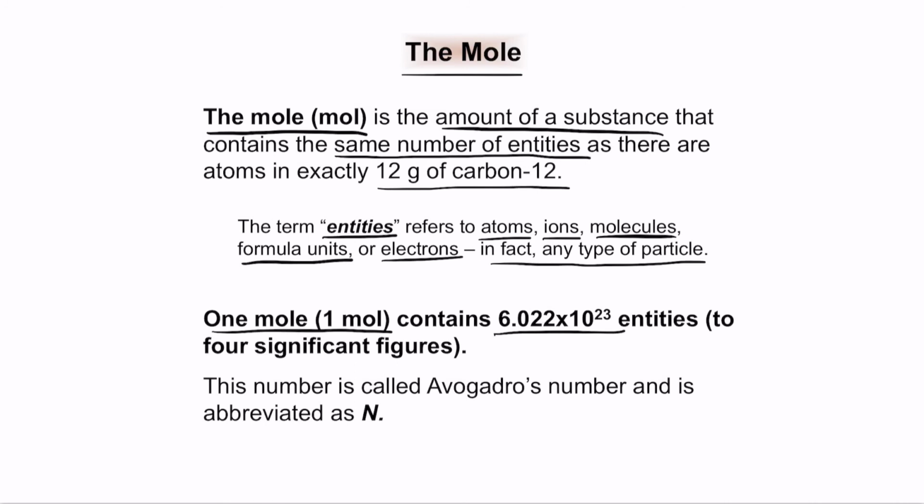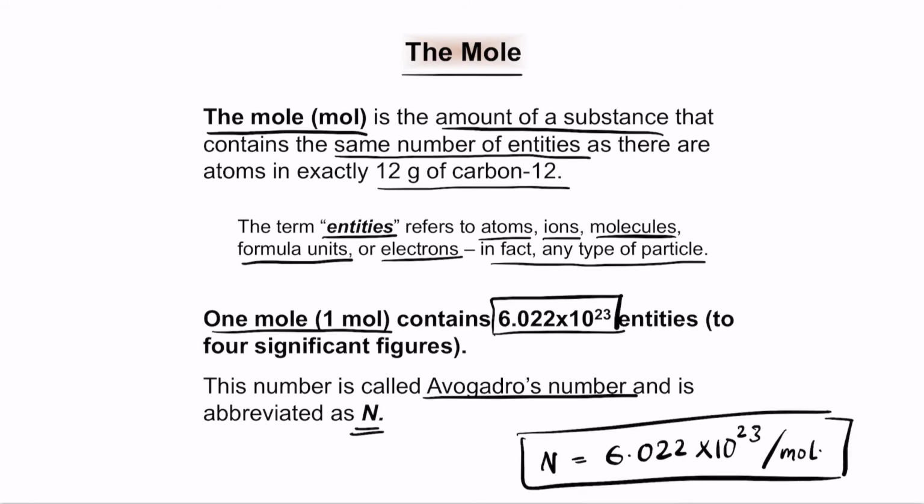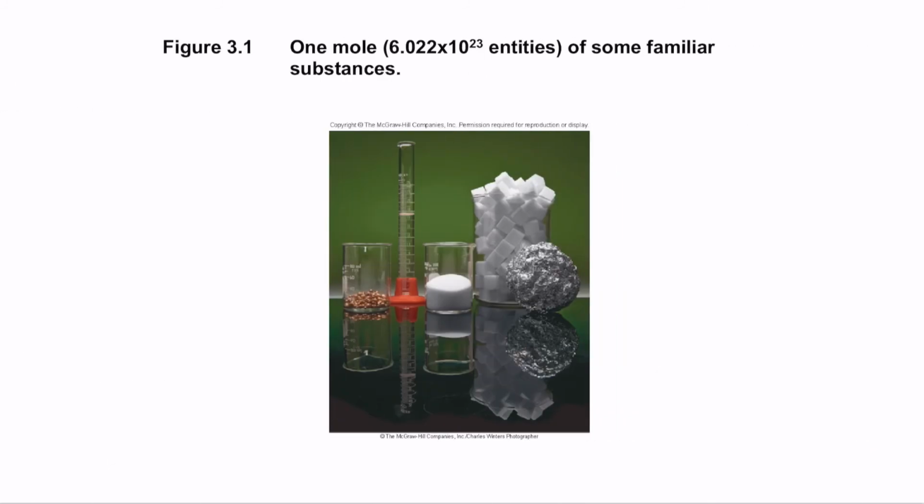This number is called the Avogadro number and is abbreviated by the symbol N_A. So N_A refers to 6.022 times 10 to the power 23 per mole. Any substance with 1 mole of a quantity contains about 6.022 times 10 to the power 23 entities.